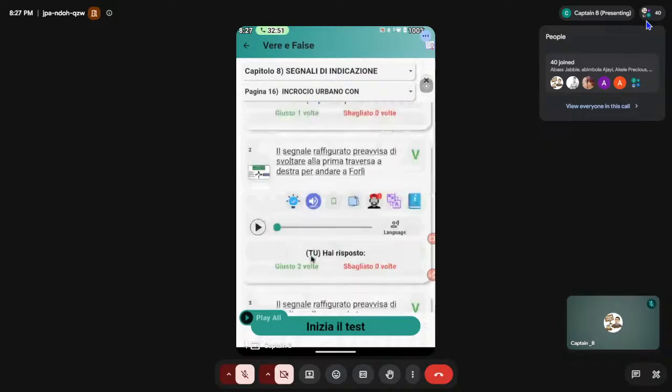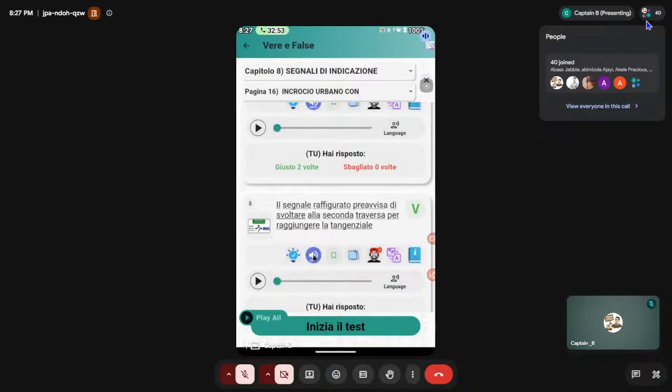Number 3, attention. Il segnale raffigurato preavvisa di svoltare alla seconda traversa per raggiungere la tangenziale. Now, the sign is referring to preavvisa di svoltare alla seconda traversa. Traversa, the second turning. Okay, the sign is announcing of turning, where? The second one.